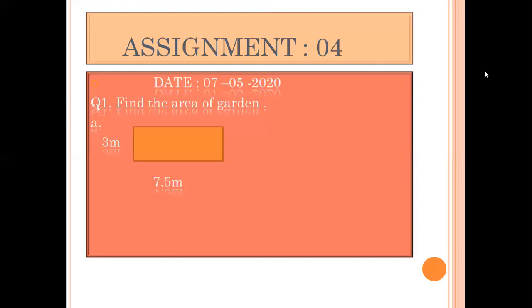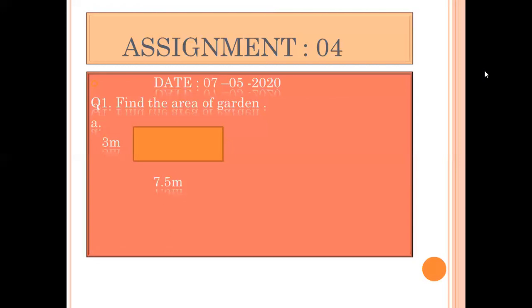We draw the diagonal and the rectangle divides into two equal triangles. After finding the area of the rectangle, we divide it by 2 and we get our required answer. It means that area of the triangle is equal to area of a rectangle divided by 2. After dividing the area of the rectangle, we will get the area of the triangle.